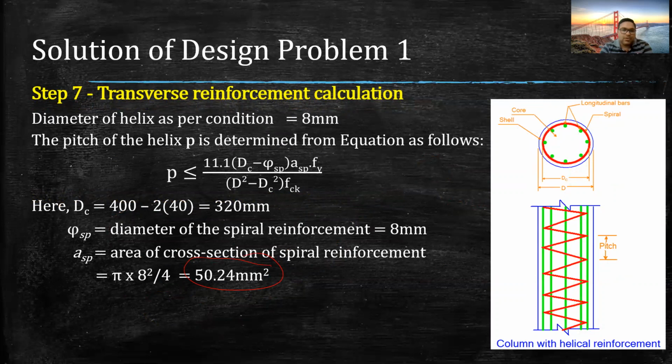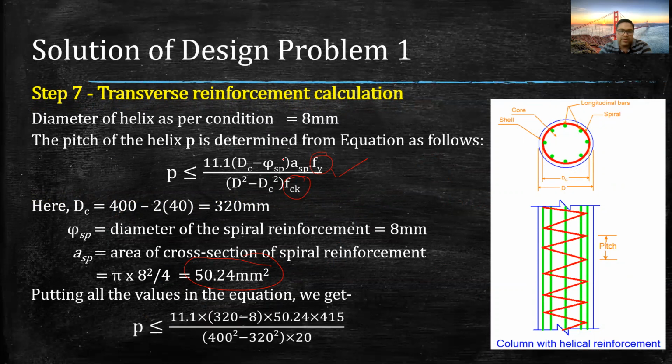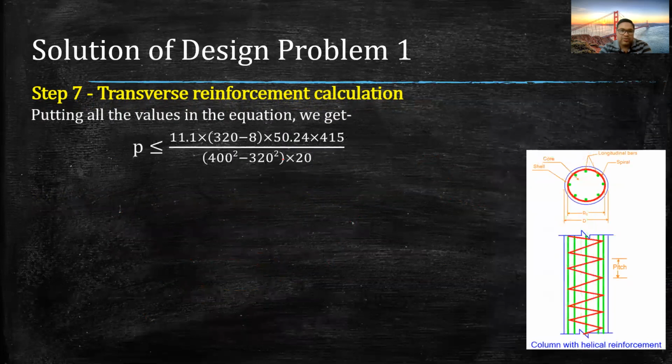Now we will put all these values in this equation, where fck value will be 20 and fy value will be 415. All the values are now known, so we will put all the values in the equation and calculate the pitch. The pitch calculated is 62.67 mm.